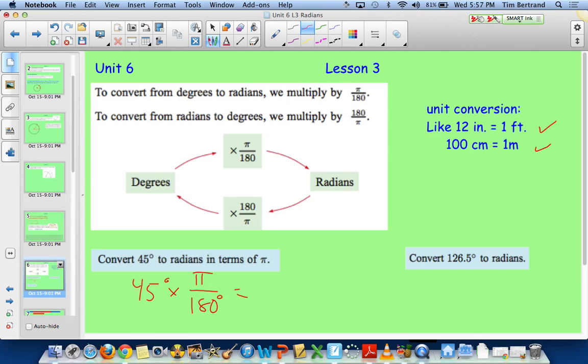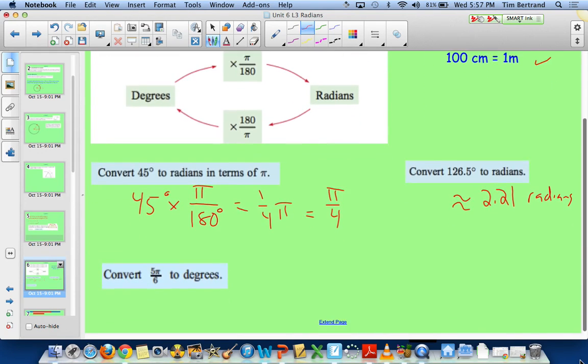And I get 1/4 pi. And we'll typically write that just as pi over 4. No symbol, that means radians. You can do this one on your own, and hopefully you can confirm that this is about 2.21 radians.